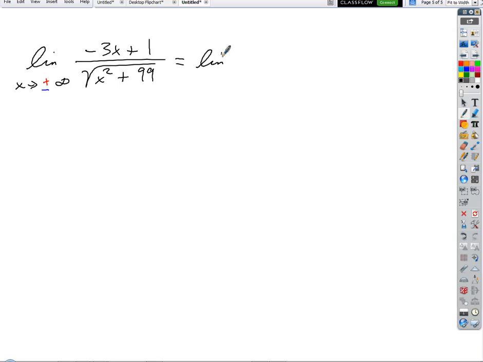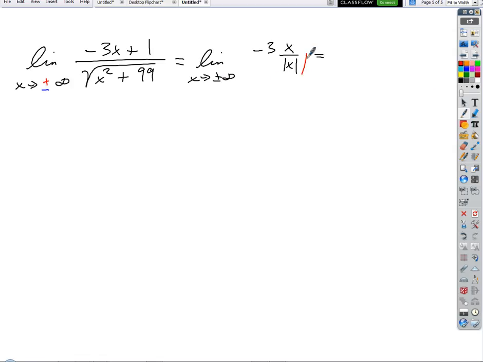Yeah, so I'm going to get back the limit of negative 3x over the absolute value of x, aren't I? As x approaches plus or minus infinity.